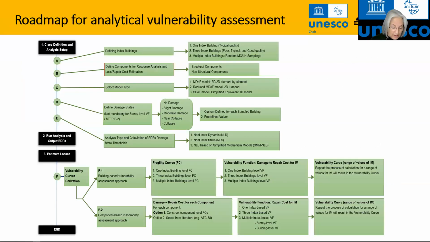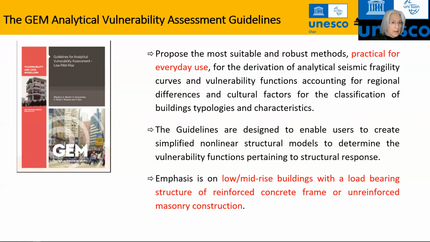So, a framework and a set of guidelines that allows us to pursue this is the GEM Analytical Vulnerability Assessment Guides, which propose the most suitable and robust method, practical for everyday use, for the derivation of analytical seismic fragility curves and vulnerability functions, accounting for regional differences and cultural factors for the classification of building typology and characteristics.